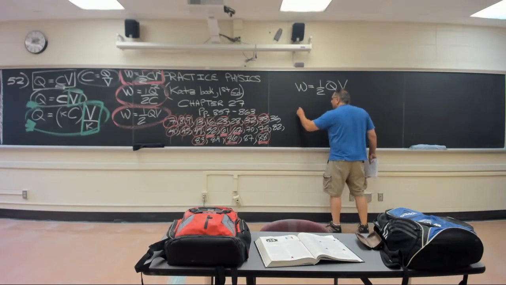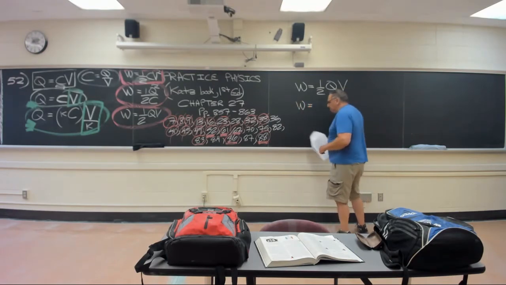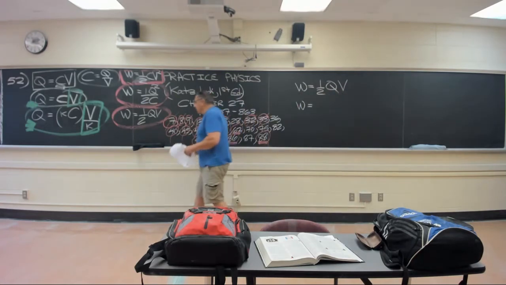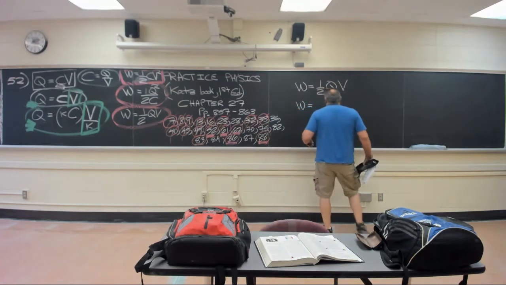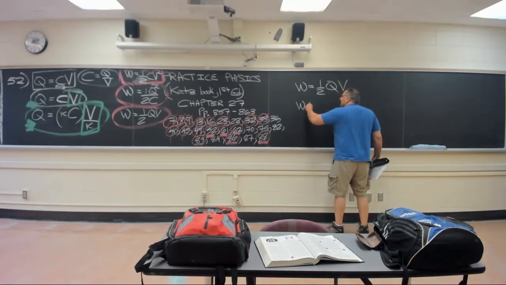You're going to do the same thing with the other one, to get the same amount of charge on there. I'll just call it W1 is the first situation where there was no dielectric, and here it is with the dielectric.